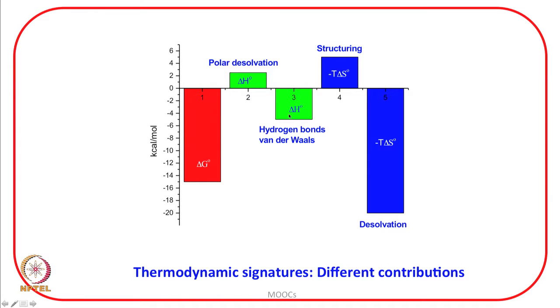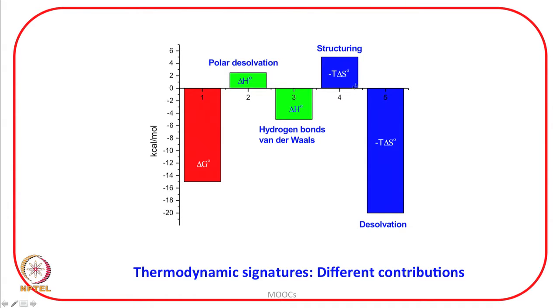However, as I just discussed, it must also be kept in mind that we do not introduce polar group at a wrong position, which will also increase the positive value. So, hydrogen bonds, van der Waals interactions will contribute in a negative manner. Negative manner here is in good sense, that is, it will contribute to more exothermicity.